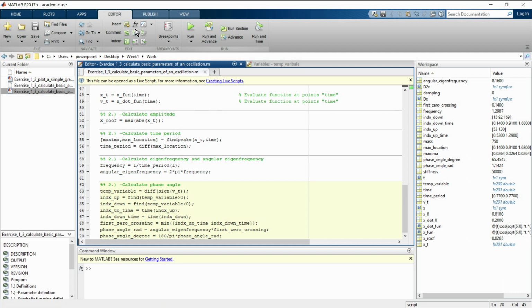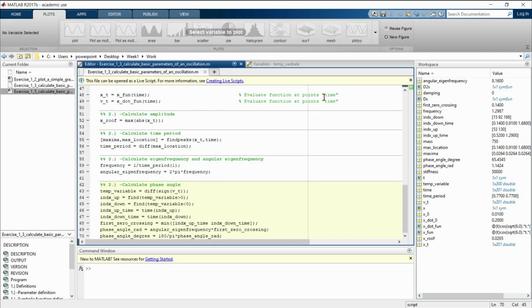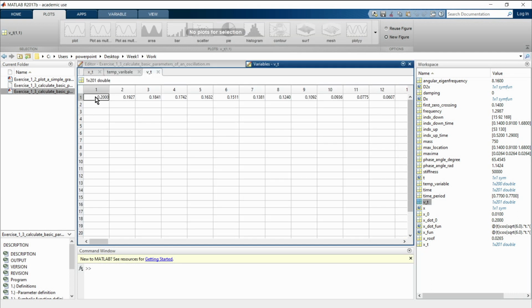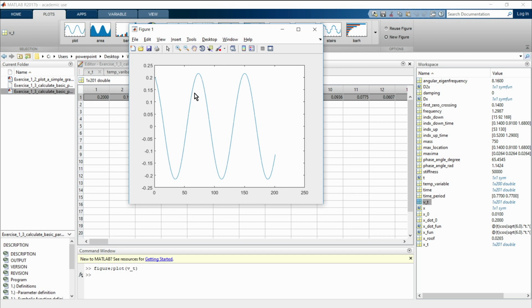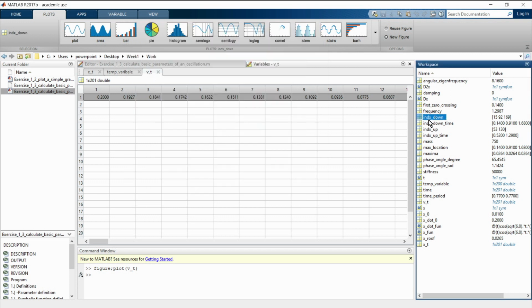And in order to compare our results, we can also plot our actual velocity plot. And here you can see that at this point we have a zero crossing, and you can see that one also here in the index down at the position 15.